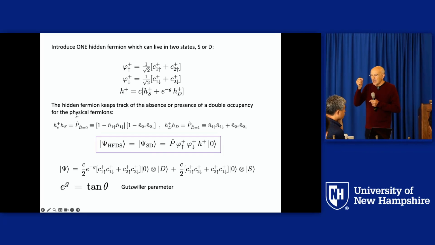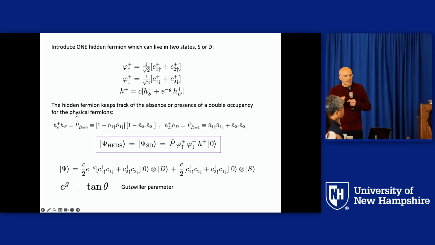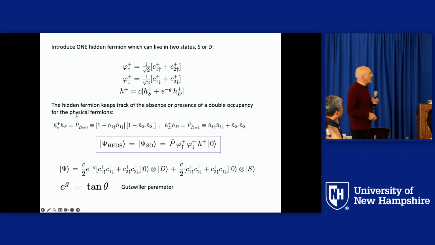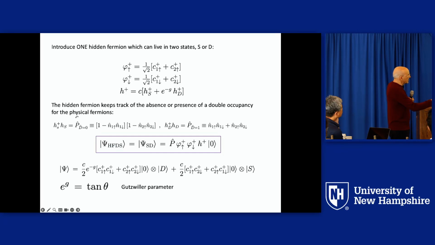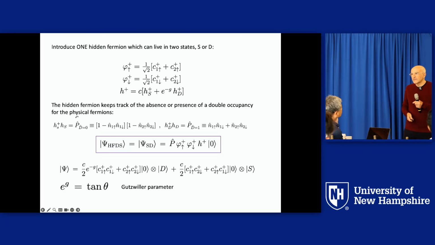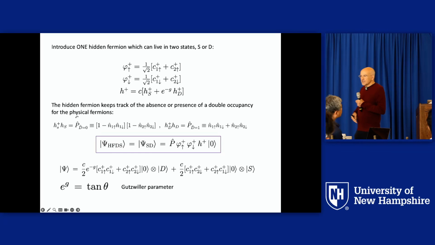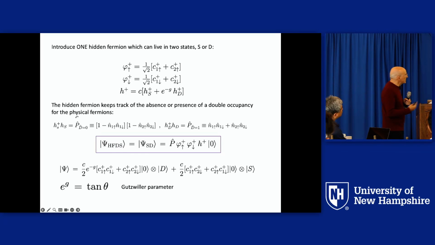So if you tie the occupancy of the hidden fermion to the state of the physical electrons, and this is the projection P, you can show that this Slater determinant, when projected back, is exactly the wave function you're looking for. Okay? So this is an extremely simple toy model that illustrates the idea of what we mean by enlarging the Hilbert space and then projecting back.